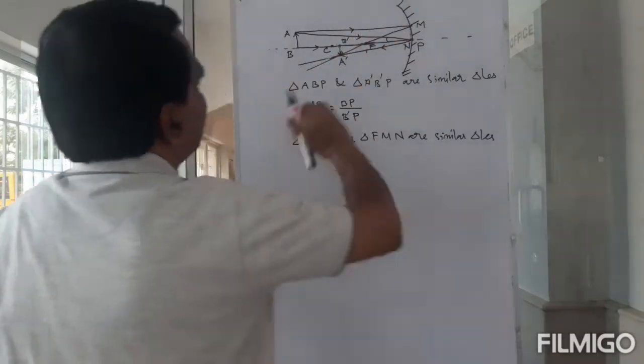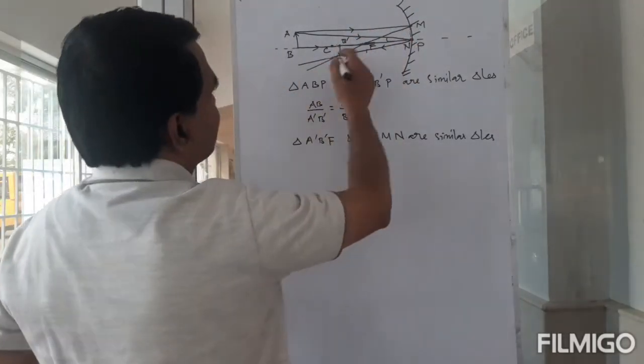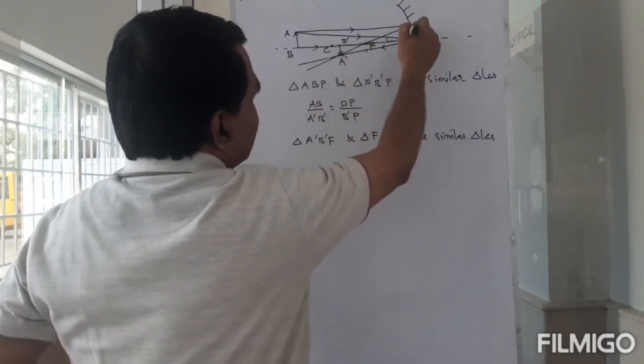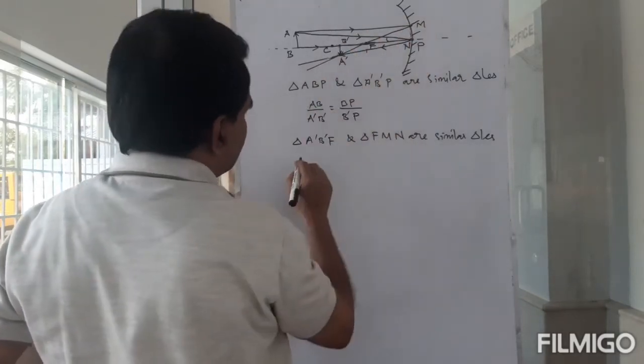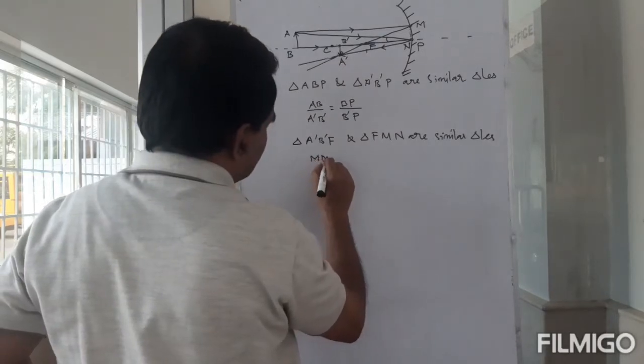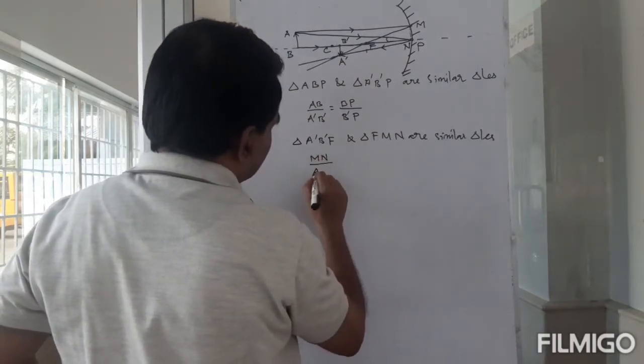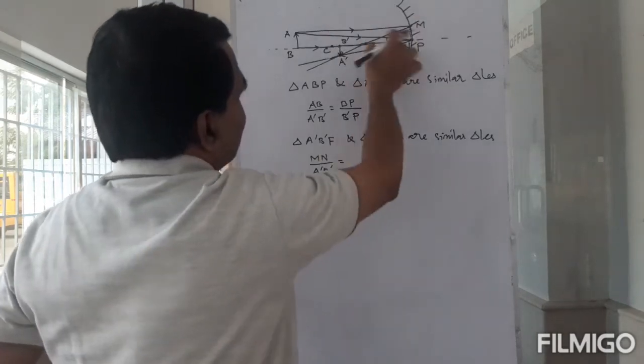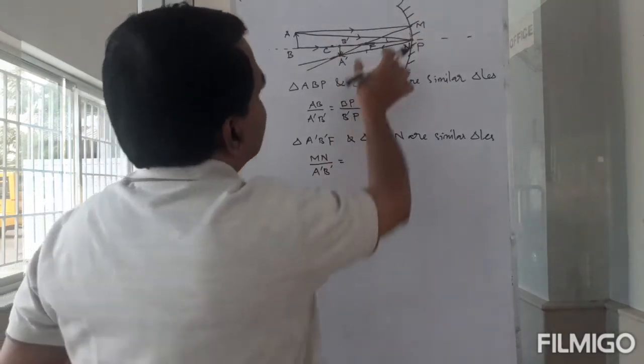Okay. Now, let me do the same thing. MN by A dash B dash is equal, taking horizontal distances, right?